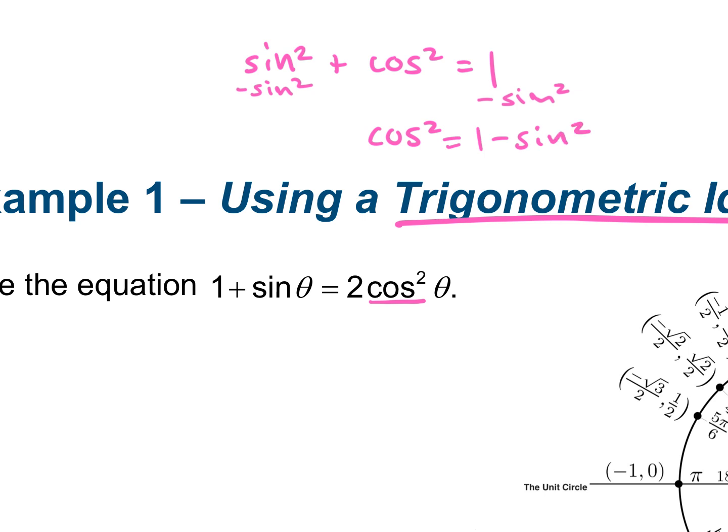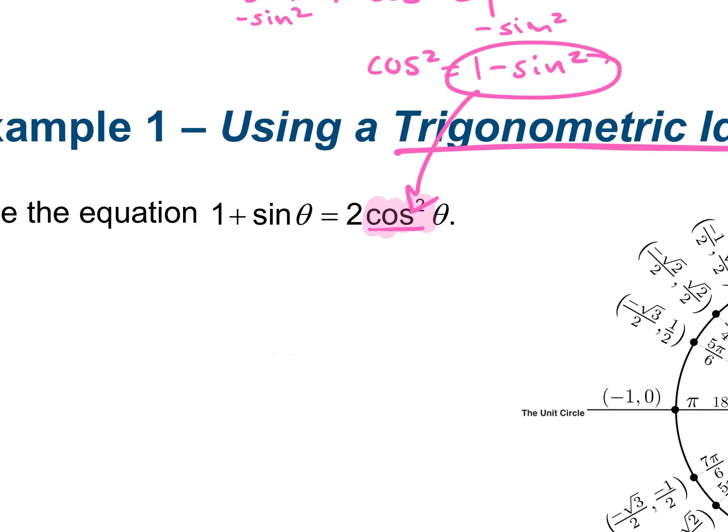So I'm going to take the cosine squared that I have here and replace it with 1 minus sine squared. So we have 1 plus sine is equal to 2.